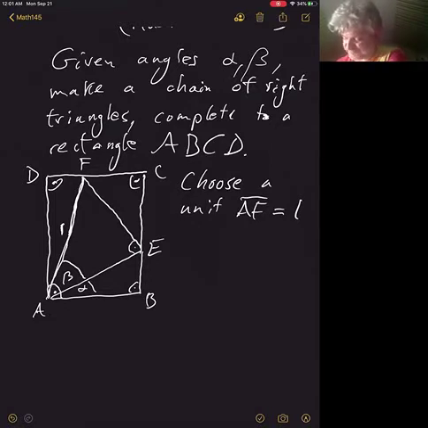For example, the right triangle AEF has beta in it, and that leg is the sine of beta. The other leg is the cosine of beta because it has hypotenuse 1.